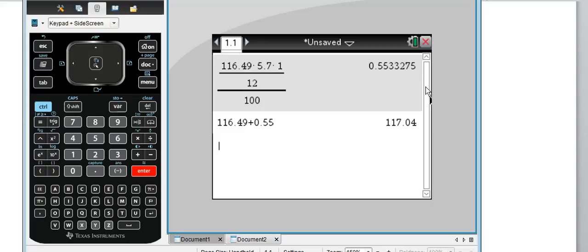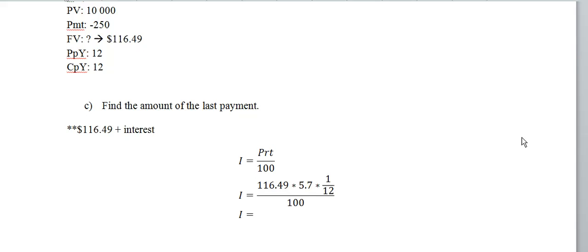So be careful, our last payment will be $117.04. So that was 55 cents. That's our final answer right there. I feel like it deserves to be highlighted in yellow.